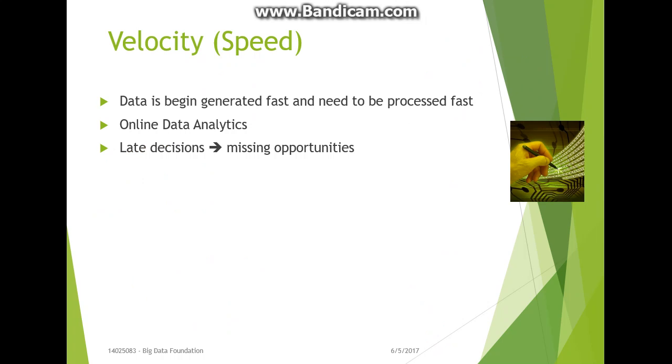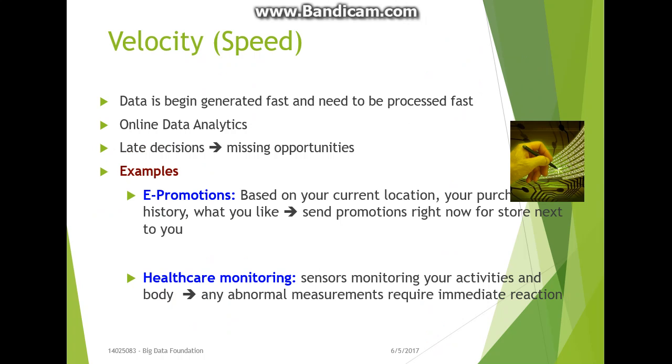Next, the third V, velocity. Data is now being generated fast and needs to be processed fast. It also needs online data analytics, and a slower decision means you are missing the opportunity. I can take e-promotion as an example.